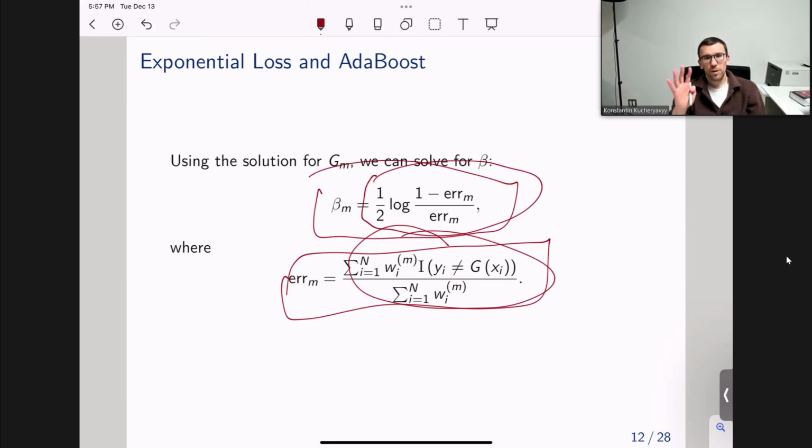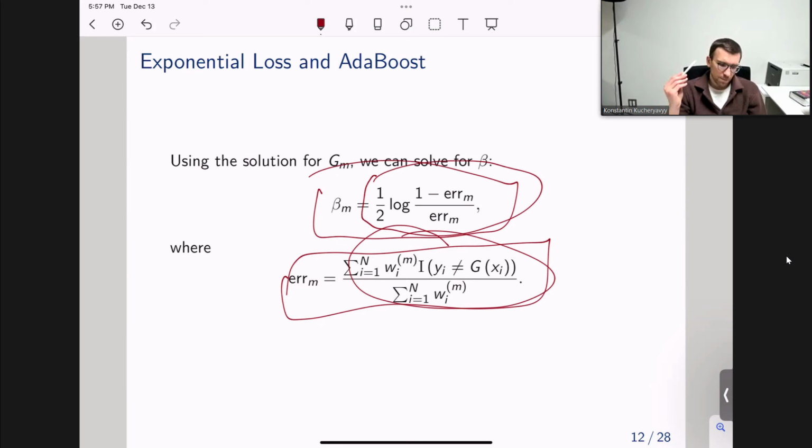AdaBoost belonged to a more general class of algorithms, additive stage-wise modeling algorithms with a particular exponential loss function.